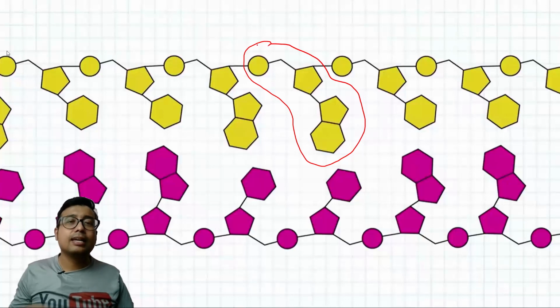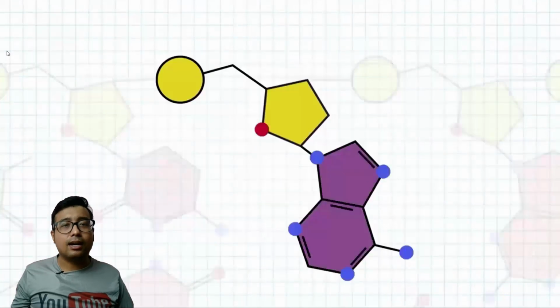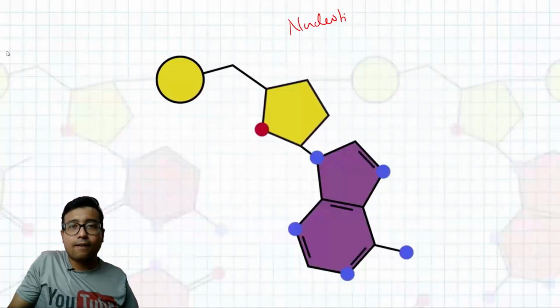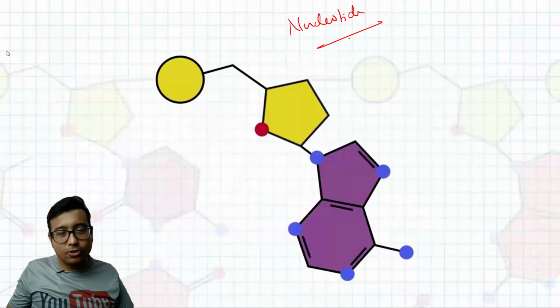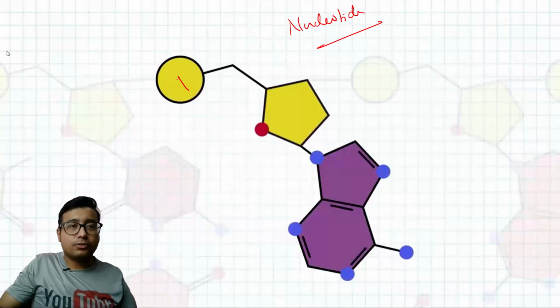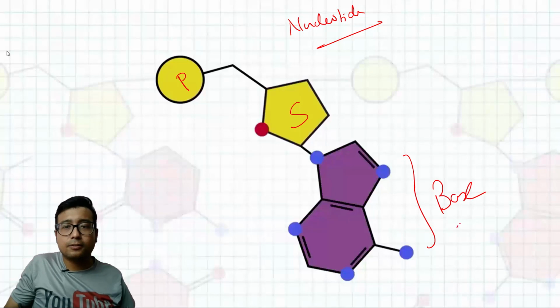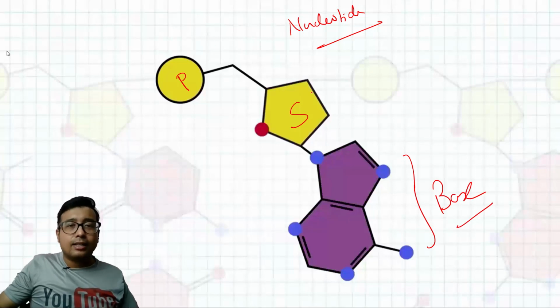So what is this? This is a nucleotide. I'm sorry, this whole thing is a nucleotide. So what's a nucleotide? A nucleotide is made up of a phosphate, a sugar and a nitrogenous base. All right, this sugar specifically has got 5 sides.